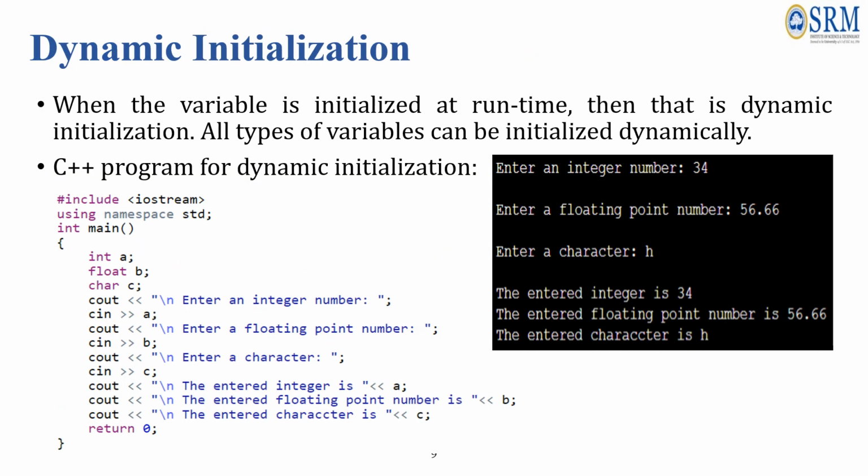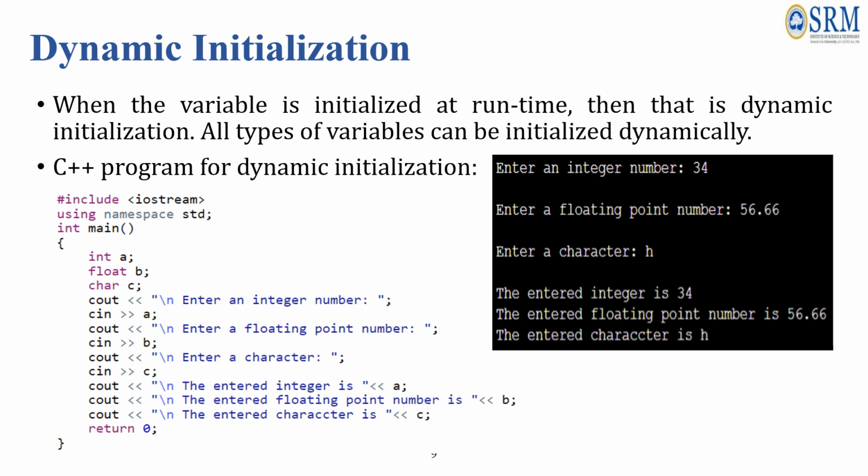What is dynamic initialization? Usually initialization can be done while the variable is declared. Similarly, at any point in the program, values can be dynamically assigned. How is this dynamic initialization done? Here is an example where a, b, c are declared as integer, float, and character. An integer value is received as input from the user and stored in a, a floating point number is received from the user and stored in the variable b, and similarly a character is received from the user and stored in the variable c.